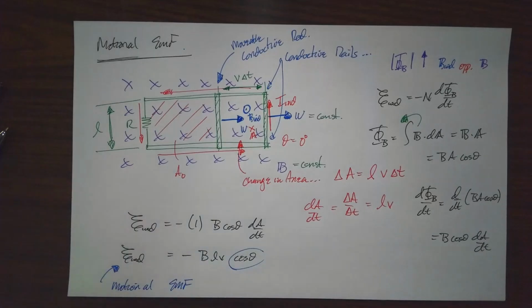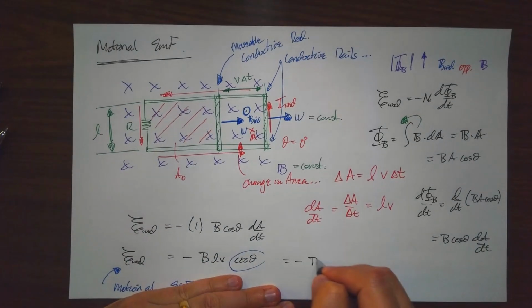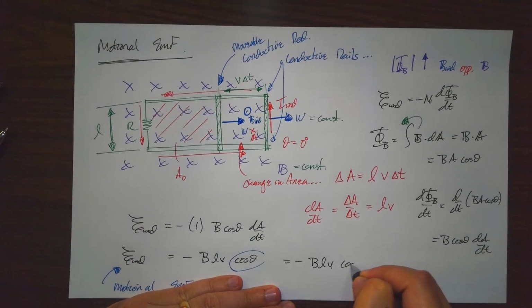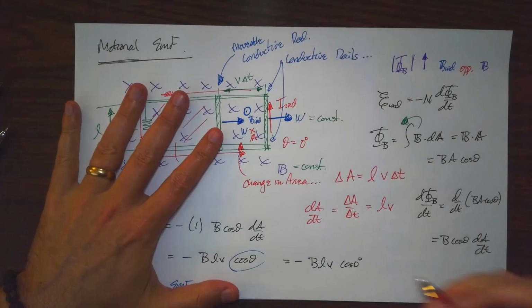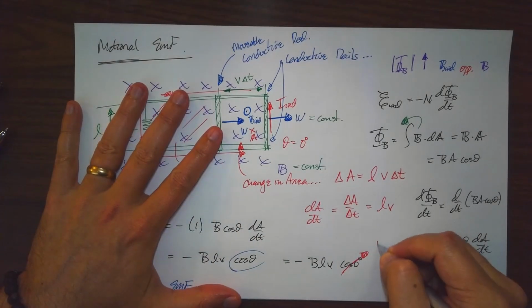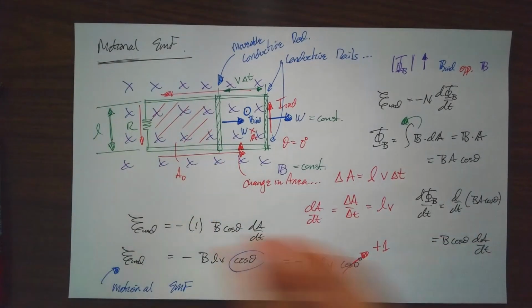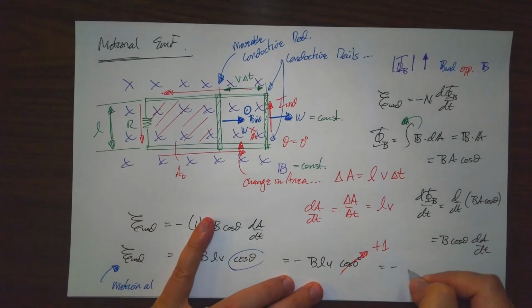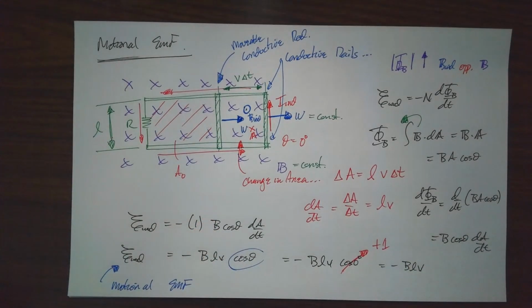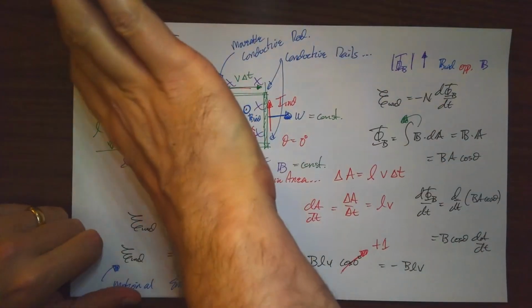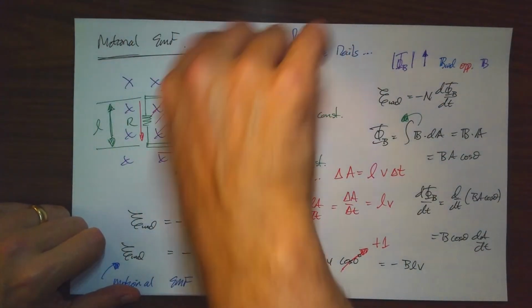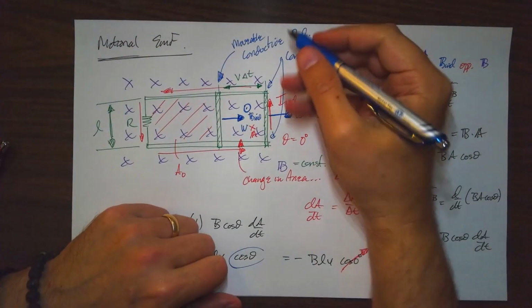And so cosine of 0 is just plus 1. And so then our answer is minus BLV. And the minus sign tells us the direction by Lenz's law. Since area goes in, then the positive circulation is clockwise.